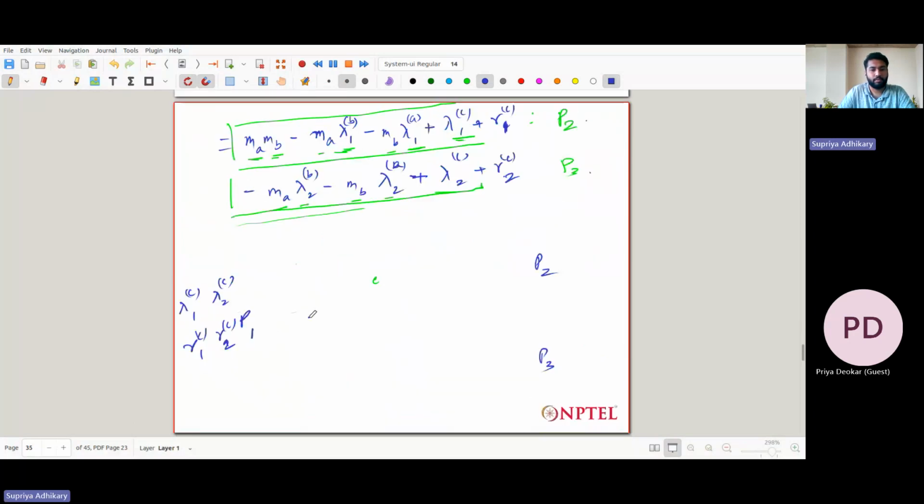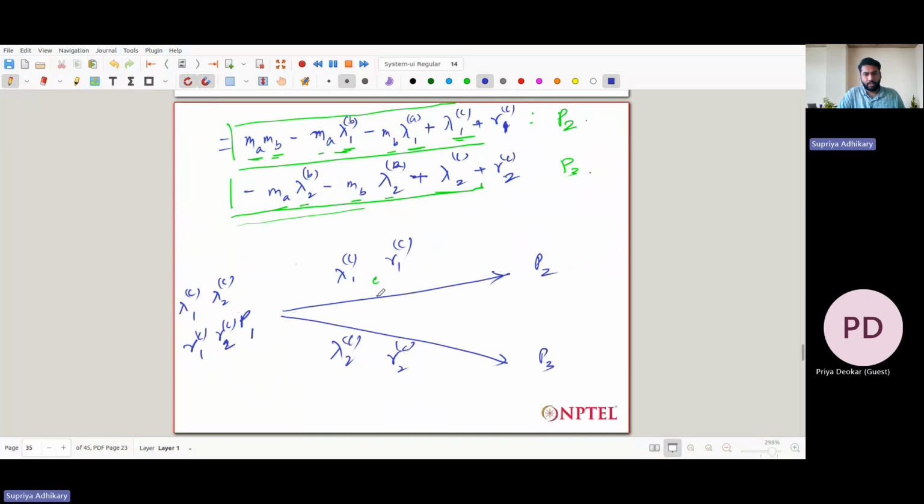So P1 would generate these values, and then it would send all the values to P2 and P3. So lambda 1C and gamma 1C are sent to P2, and lambda 2C and gamma 2C are sent to P3.